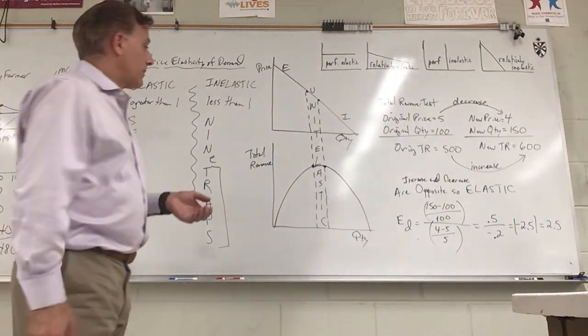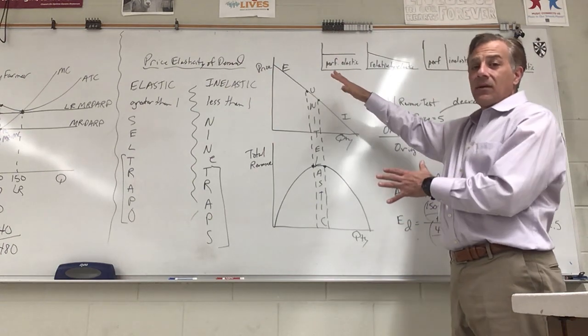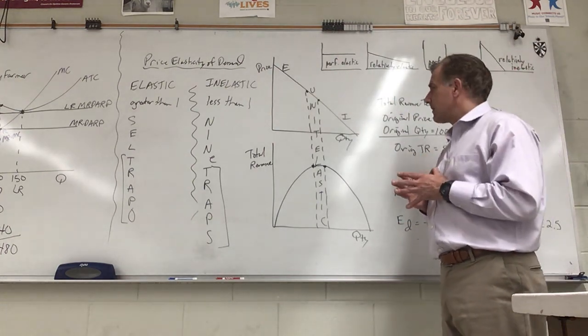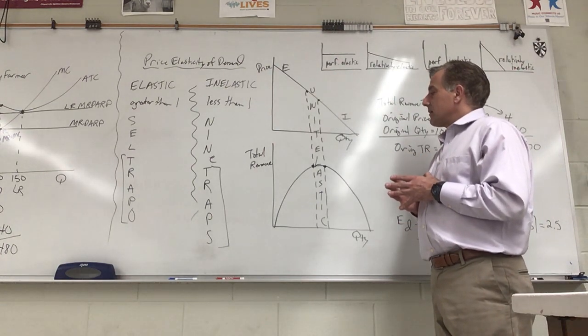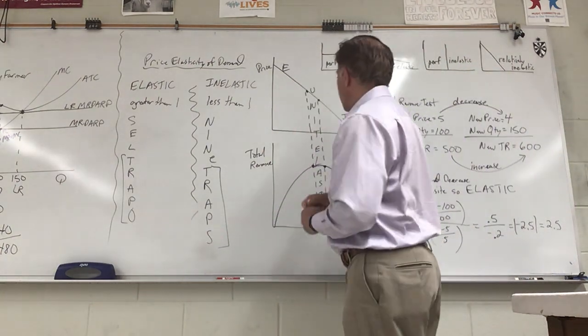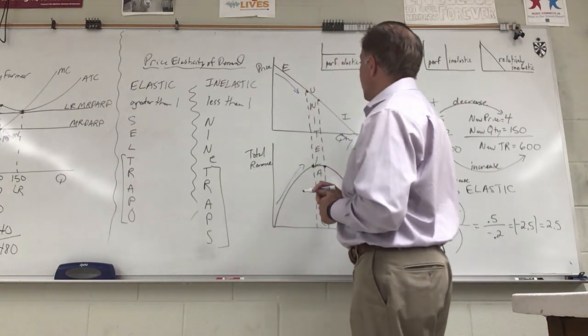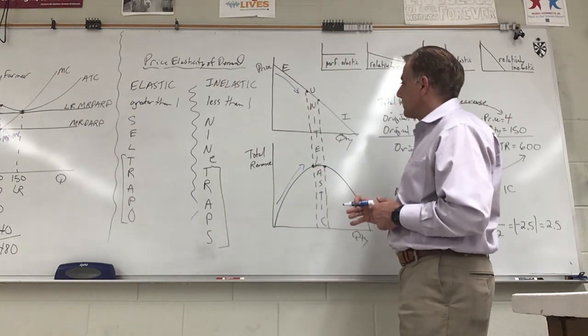All right, we have one of my favorite graphs, the stack graphs. This is just a way to kind of keep things, you know, just kind of on one page. So if you look at it, I've got price coming down, total revenue going up in the elastic region.